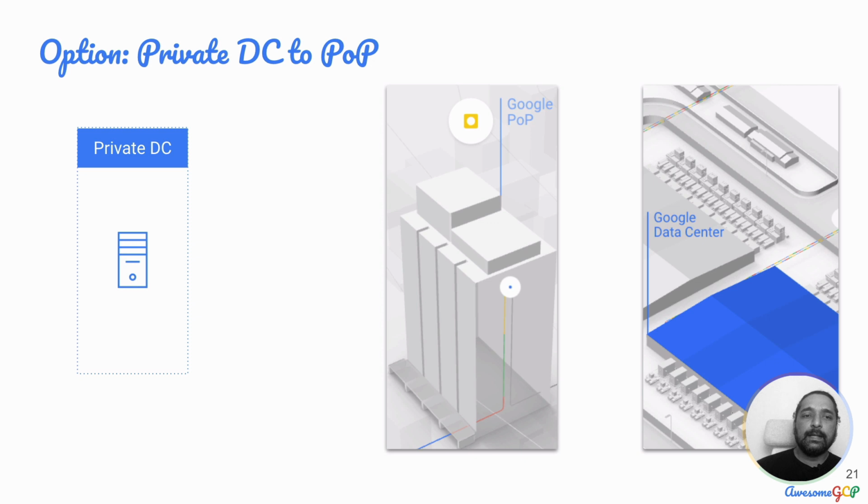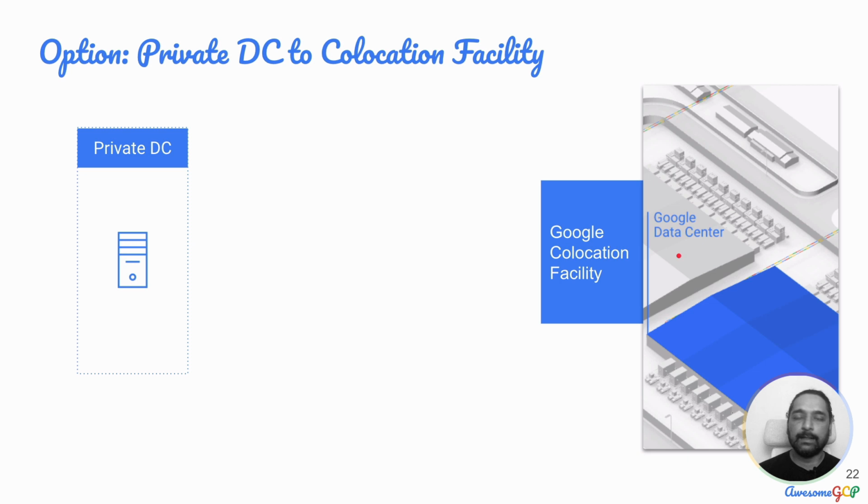One option obviously is that the private data center connects to the POP, the point of presence, and then to the Google data center, right? So there's a direct connection you draw from the private data center to the Google point of presence, and obviously that is going to have an internal connection to the Google data center.